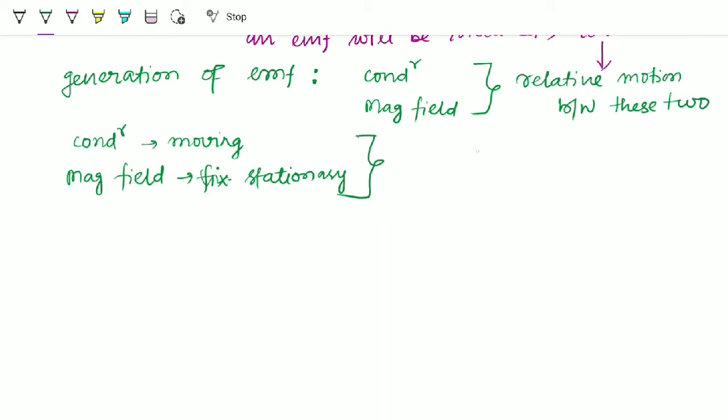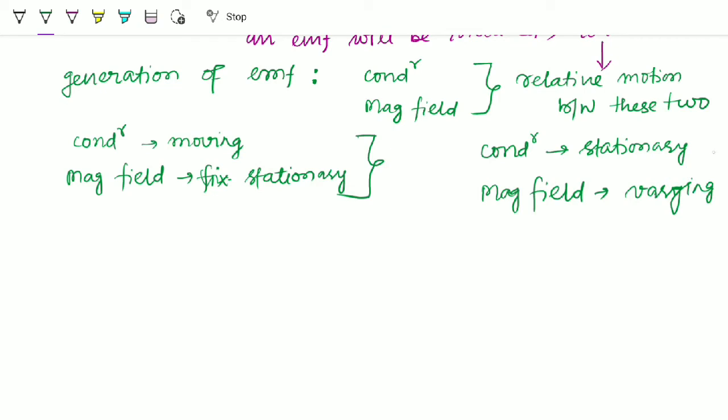And in the second case, we can have the conductor being stationary and the magnetic field varying. Both of these cases give rise to an induced EMF.